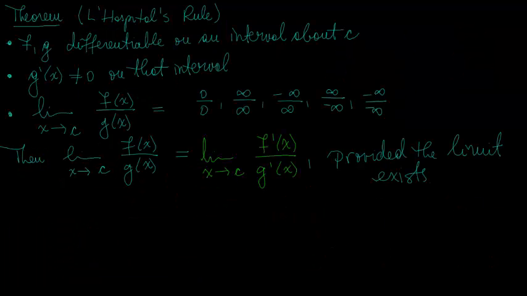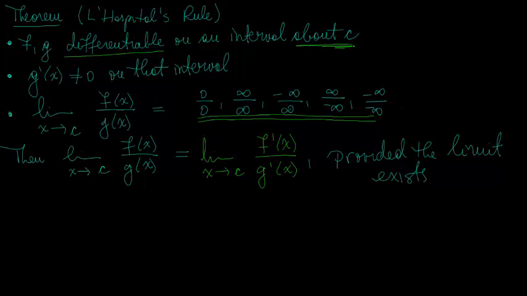So L'Hopital's rule is a very important theorem and a very powerful one, because it enables us to compute limits using a very predictable and simple technique. However, it only works under the assumptions and for the following indeterminate forms. So if you start off with two differentiable functions, that's a very important assumption, and we don't want the derivative of the function in the denominator to be 0 on the interval about where you want to compute the limit.